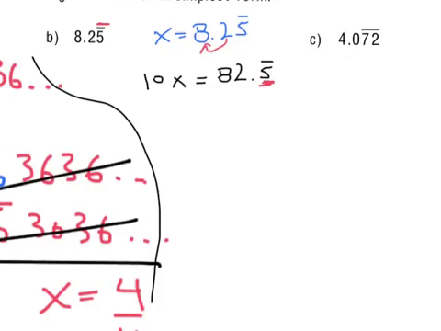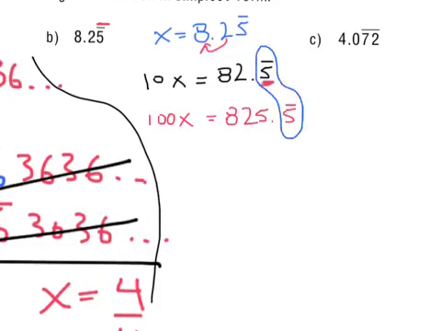Okay, then I'm going to multiply everything by 10 again, and this time I'm going to get 100x equals 825.5 repeating.